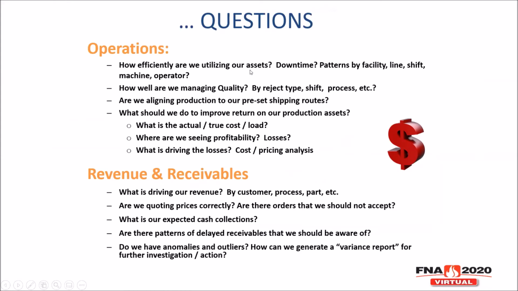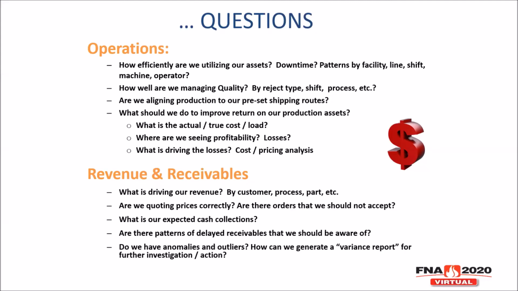How efficiently are we using our assets? Downtime patterns by facility, line, shift, machine operator. So we're going to look at an example. Again, it's a surface finisher, but a heat treater is similar types of processes where you have large machines and loads go through in buckets. So it's buckets or loads is the capacity of the machine.